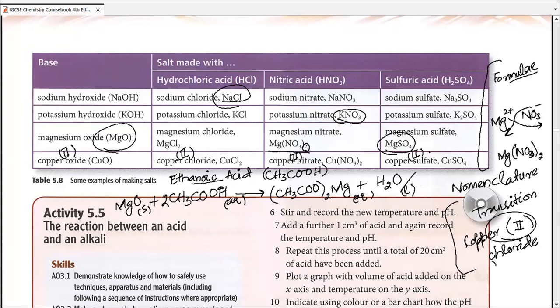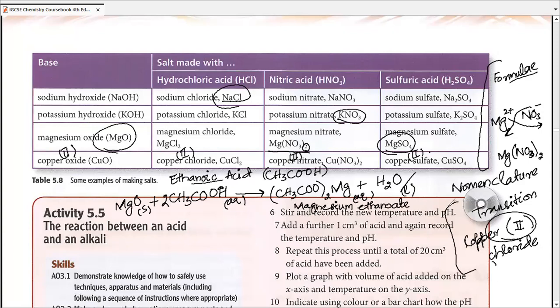But coming up with the names, it's easy. This is magnesium oxide. This is ethanoic acid. But this one is magnesium ethanoate. As we studied on the previous page, the ethanoic acid salts are known as ethanoates. So this is magnesium ethanoate, also giving water as a product.